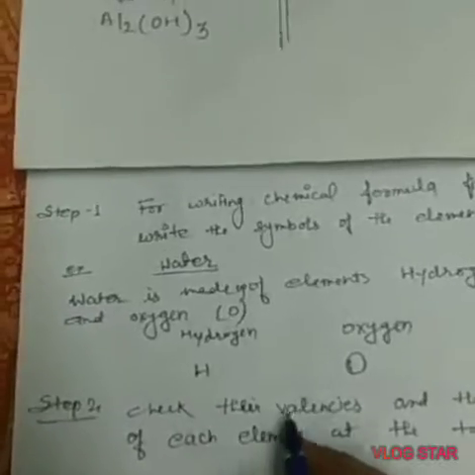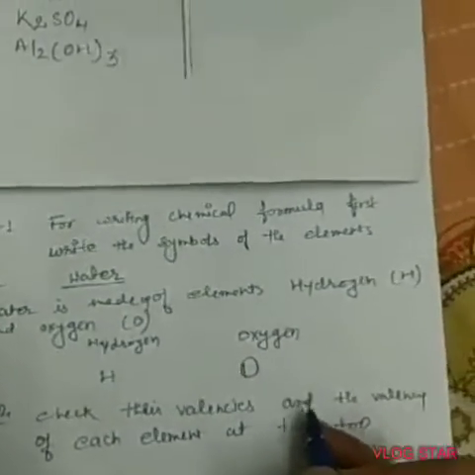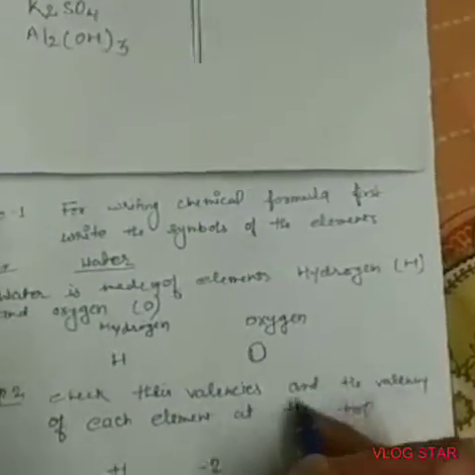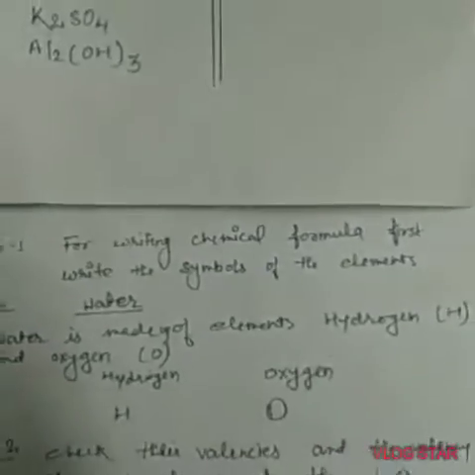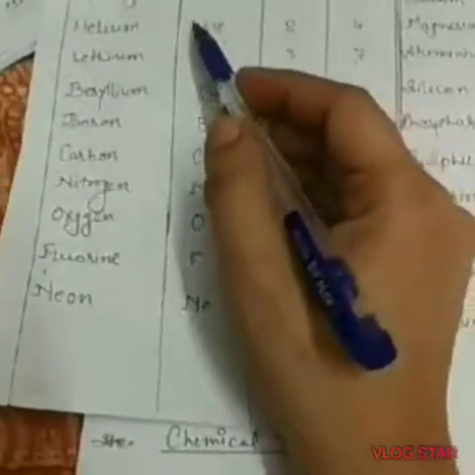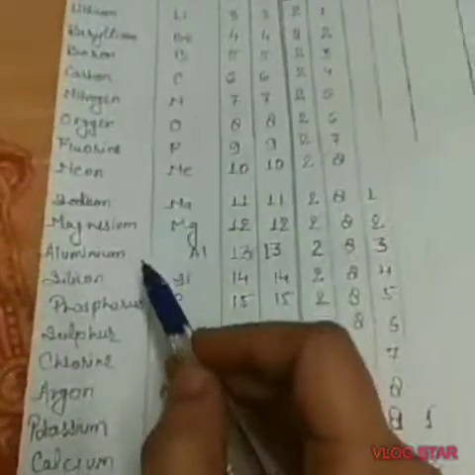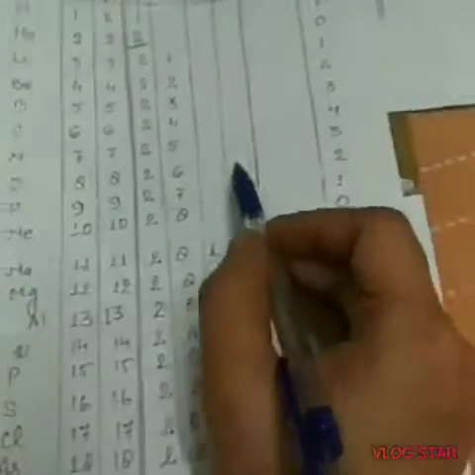Now, step 2, check their valencies and write the valency of each element at the top. We know the valency of hydrogen is 1 and valency of oxygen is 2.